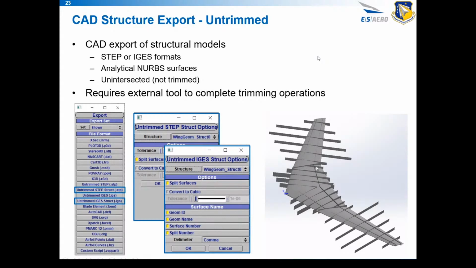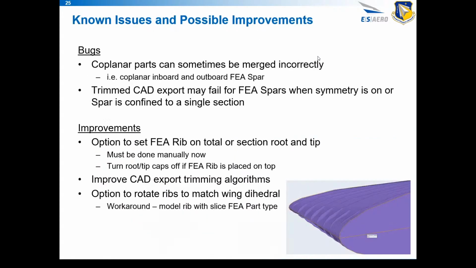When we triangulate it, we just get rid of the triangles that are outside of that. But this leads to problems with trimmed CAD exports, where we're not really throwing away those surfaces correctly. So that's something to be aware of. It'll work really well if you have symmetry turned off and your spar not confined to a certain section. So just some things to note, but we'll be working on improving those.